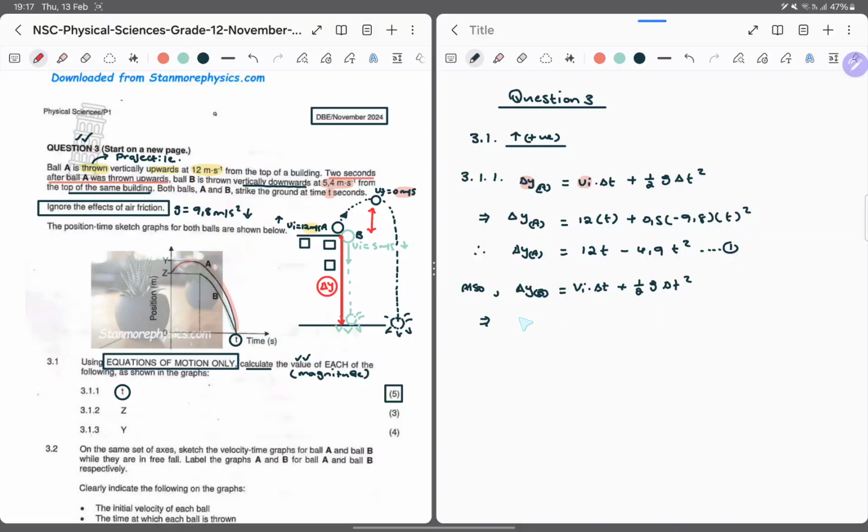This implies that delta y for ball B is, the initial velocity is 5 but downwards, so this is going to be minus 5 times T, but remember there was a 2-second lag, so meaning this T is going to be shorter by 2 seconds, so this is going to be minus 2. This is the key area. Plus 0.5 times minus 9.8 times T minus 2 all squared.